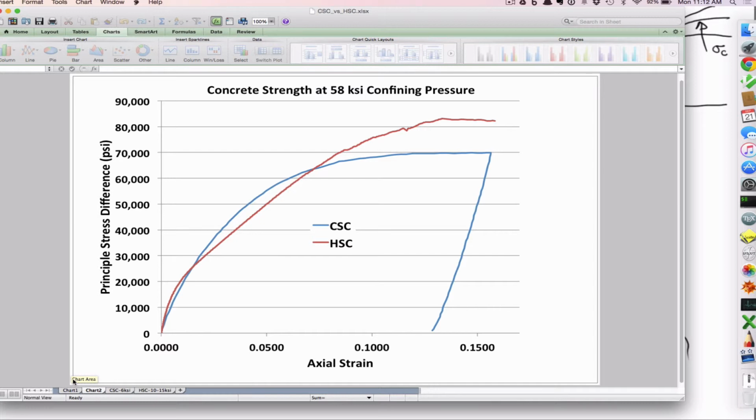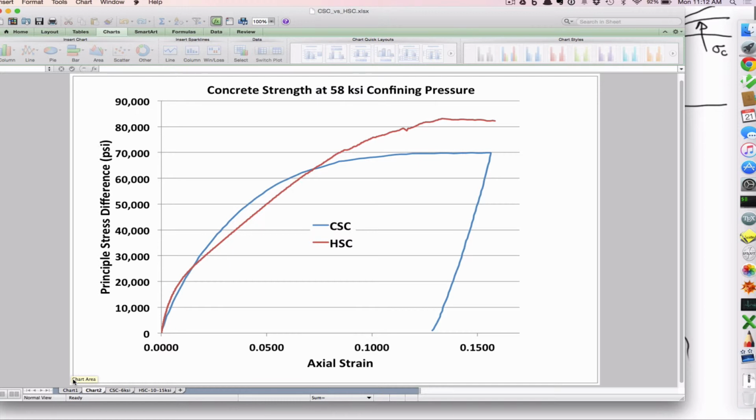So those are the two curves, and these are at 58 KSI confining pressure. This is axial engineering strain. Remember, I got onto you in the first day of class about labeling your strain, and I didn't do it. And you notice on the side it's plotted as principal stress difference.